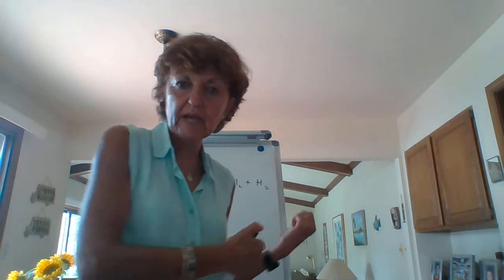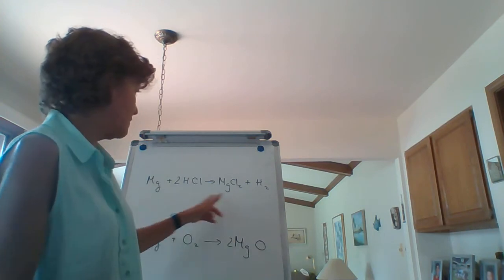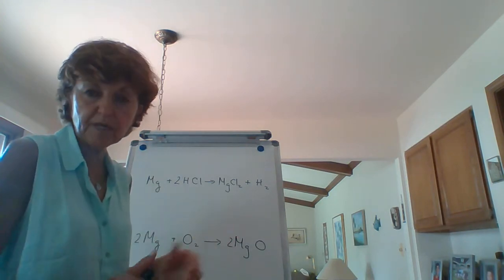Let's start to apply those oxidation numbers that we learned about in terms of an actual reaction and decide who got oxidized and who got reduced. The first thing you need to do when you get a chemical equation or chemical reaction is assign oxidation numbers to the elements that you see. If you look at this, you recognize that this is a single replacement reaction.